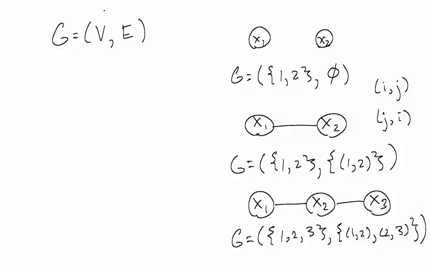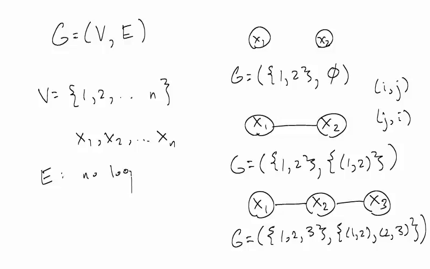So in general we have this graph where V is going to be 1, 2, up to n, with x1, x2, up to xn as the random variables. And again, in the set of edges, no loops are allowed.